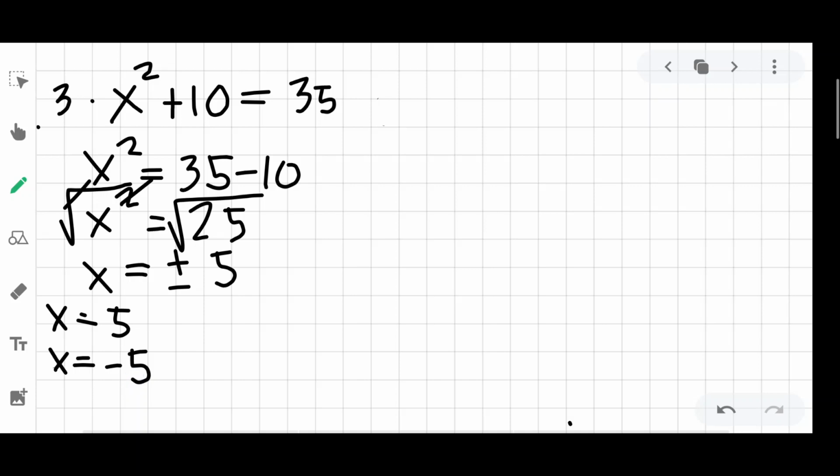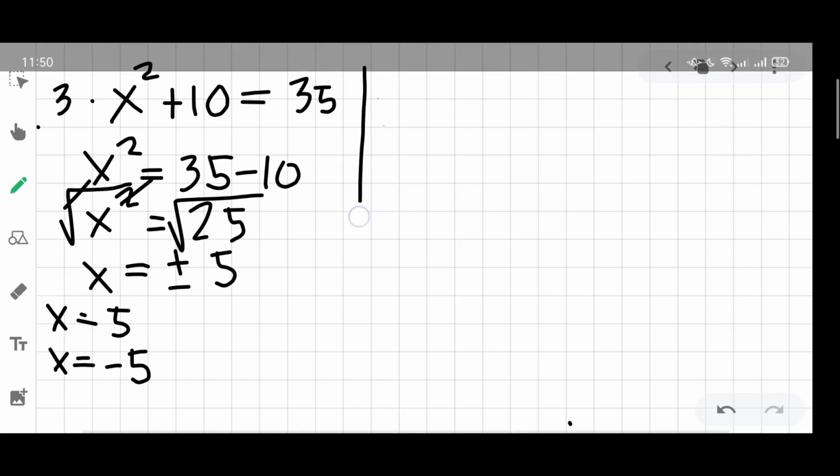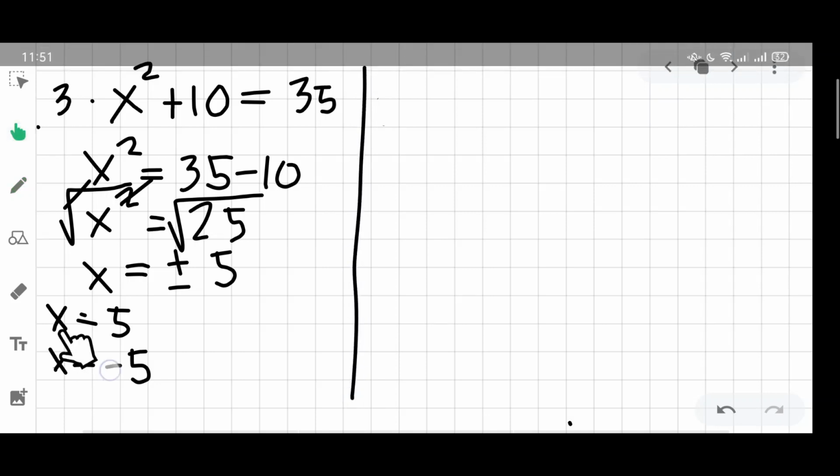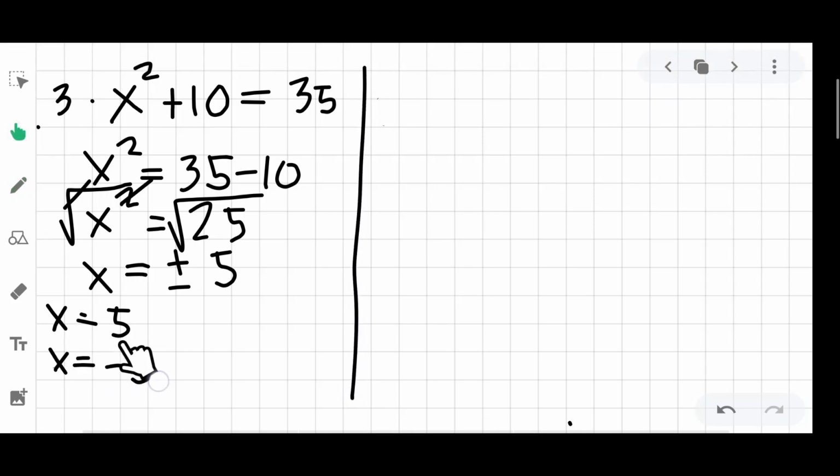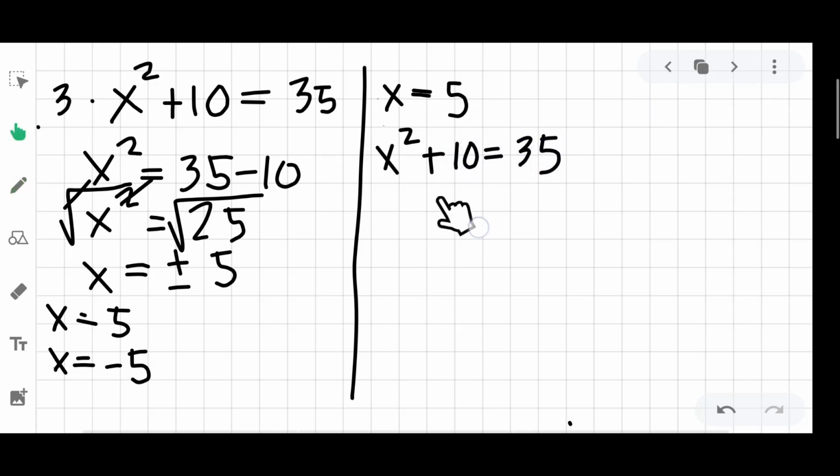So, kung gusto ninyong i-check yung sagot natin, all you have to do is, of course, i-copy muna natin yung first solution natin, which is x equals 5. Then, copy the original equation, yung tanong, x squared plus 10 equals 35. Papalitan lang natin yung value ng x ng 5 dito sa equation na to.